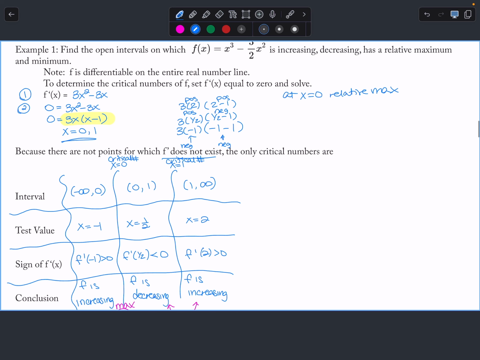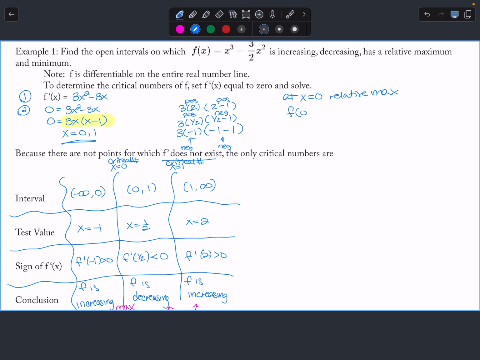So I am going to have to plug in and find f of 0, which is 0 cubed minus 3 halves times 0 squared, which is 0. And then at x is equal to 1, I have a relative minimum. So f of 1 is equal to 1 cubed minus 3 halves times 1 squared. So I get negative a half.